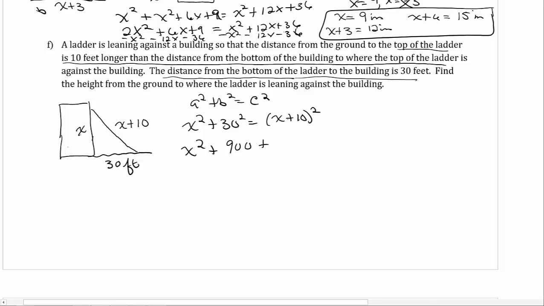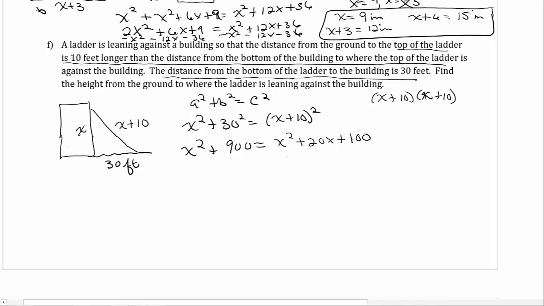Equals, oops, sorry, that should not be a plus, that should be an equal sign. You have to remember to do FOIL. So on the side, do x plus 10 times x plus 10. And so you will get x squared plus 20x plus 100 when you FOIL that out.